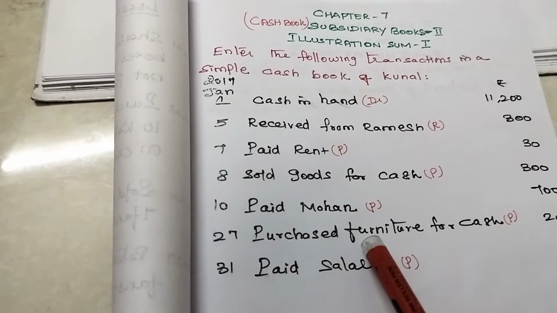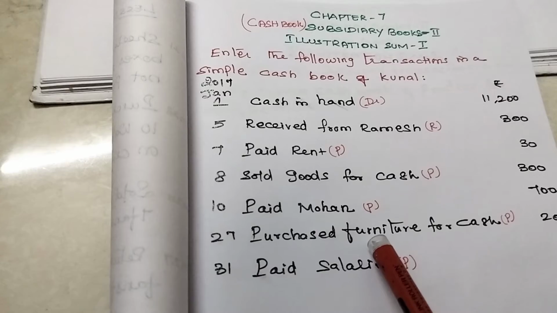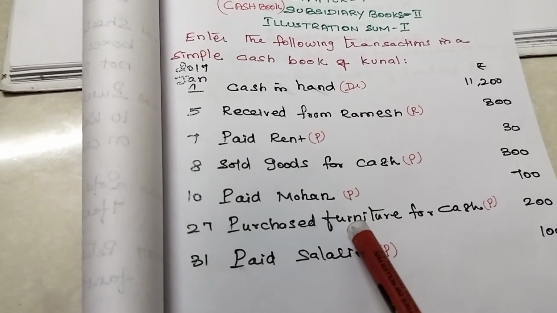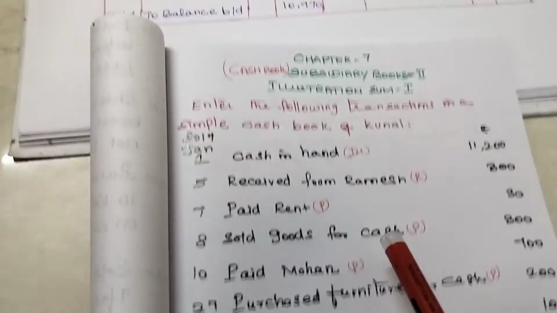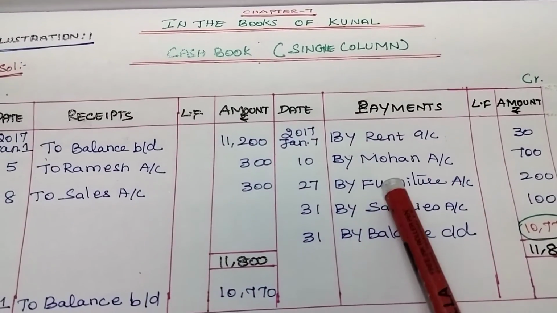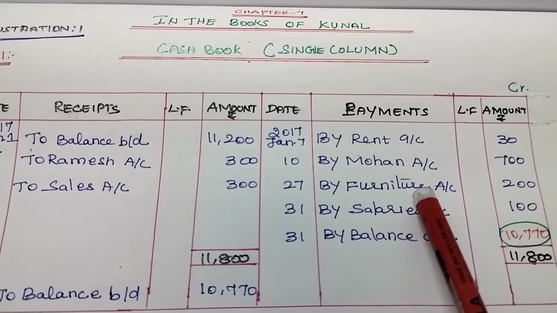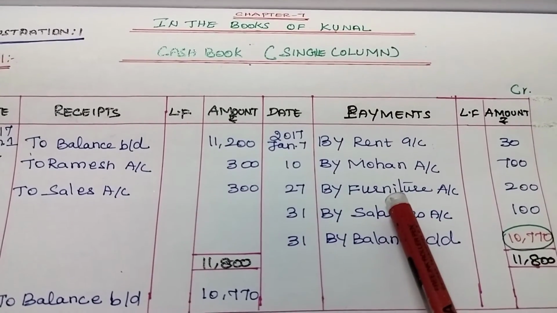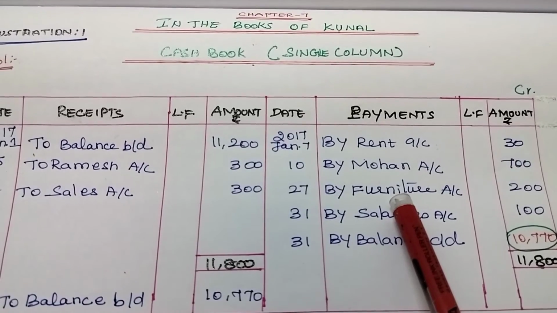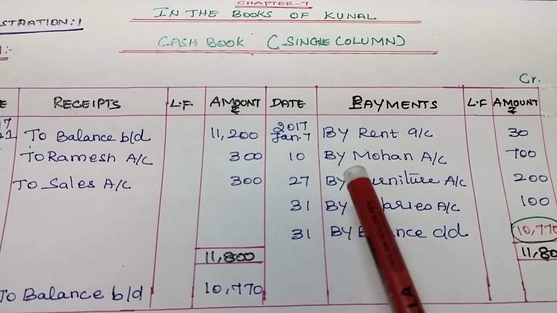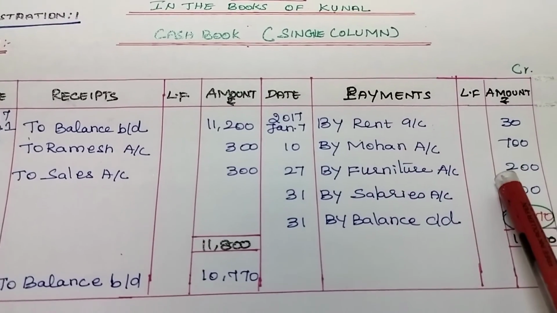Whenever you purchase, your cash goes out, so it is recorded on the credit side, the payment side. So January 27, By Furniture account, 200 rupees.